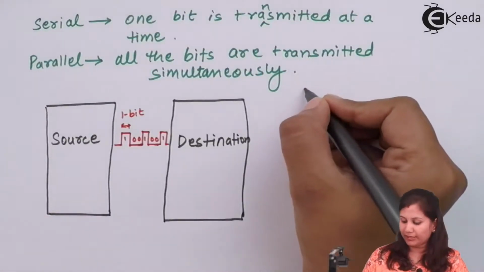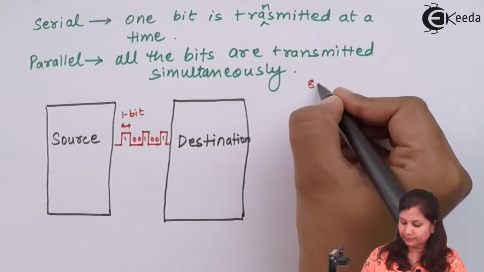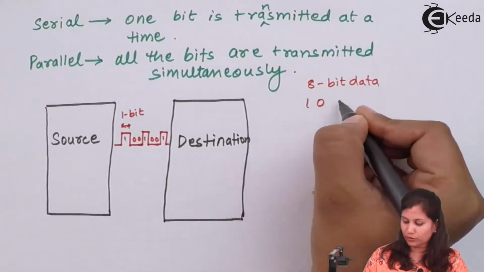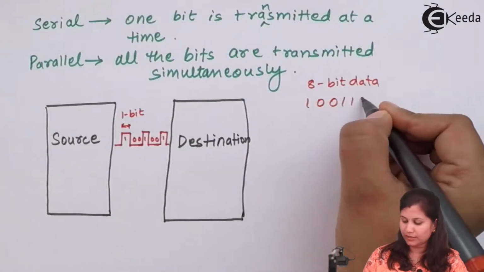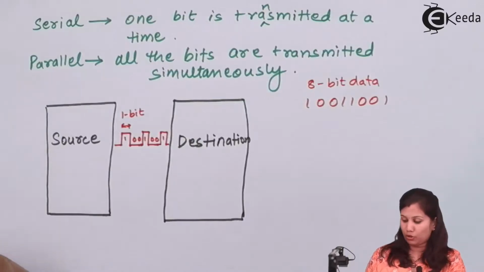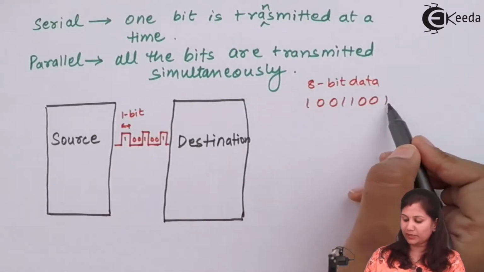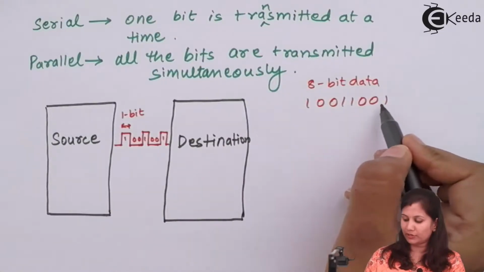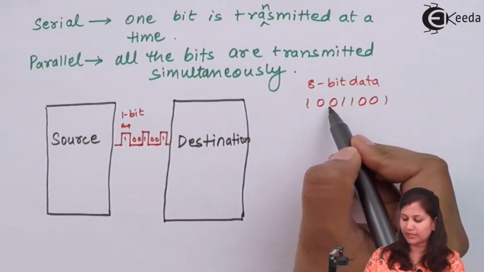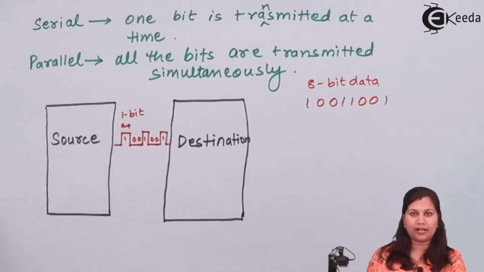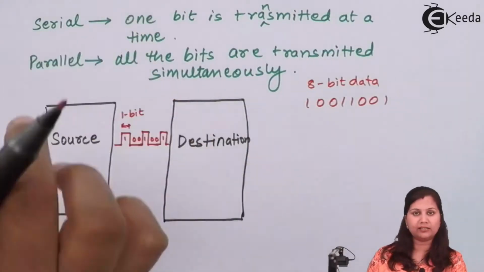Suppose we have 8-bit data: 1, 0, 0, 1, 1, 0, 0, 1. If this data is to be transmitted, first 1 will be transmitted, then 0, then 0, then 1, 1, 0, 0, 1. So in this form, data is transmitted in the case of serial transmission.